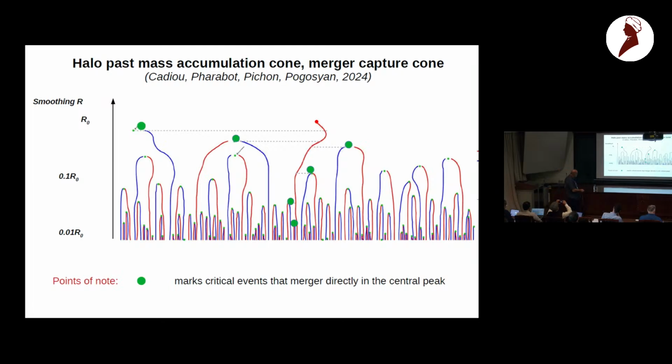So what you want to do is count the number of direct mergers the peak experiences. The vertical line is a smoothing scale, which is the mass of a peak. So you can ask yourself, I cut mass here, I cut mass here, so while my surviving peak went from one mass to another, how many mergers did it experience?